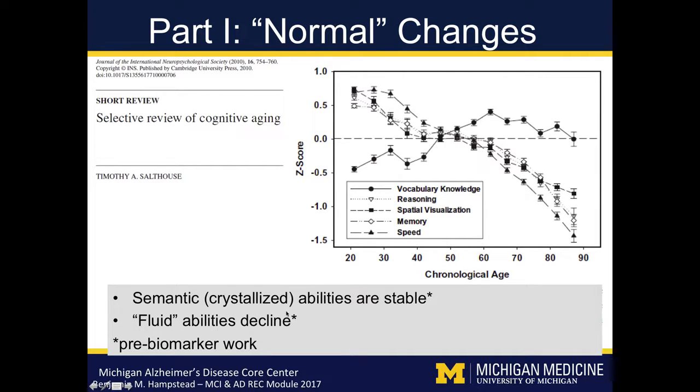So as I mentioned, the semantic or crystallized abilities are stable, whereas more fluid abilities decline over the lifespan. One important caveat here is, as I talk about the biomarkers, a lot of the work that we know about normal, in quotes, aging comes from pre-biomarker work. People were assumed to be cognitively intact, to be healthy, simply based on their cognitive phenotype of being preserved.